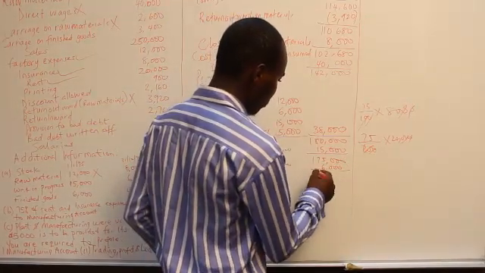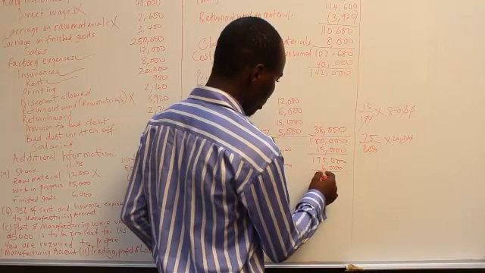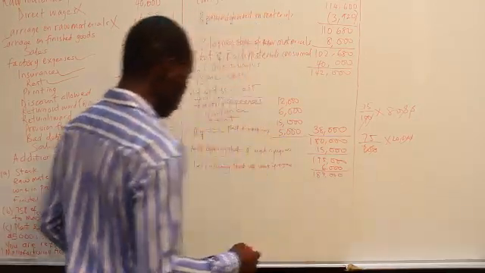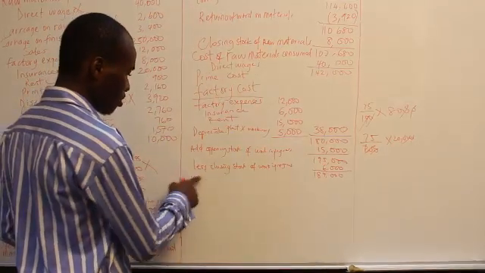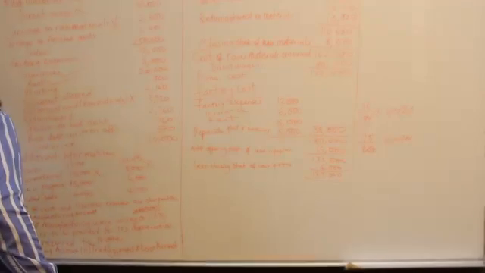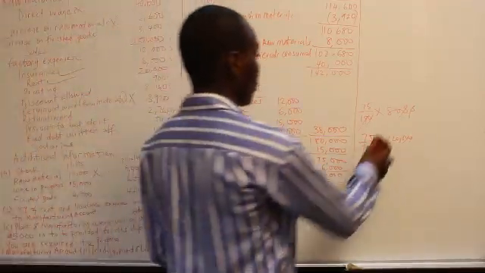So we have 189,000. This serves as the cost of production in the period. So we are done with our manufacturing account.